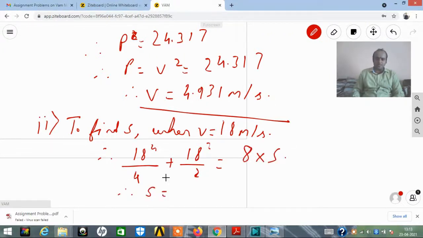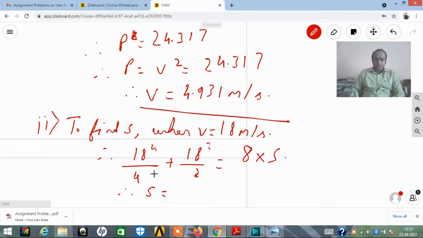Therefore s is equal to 18 raised to power 4 divided by 4 plus 18 square by 2.